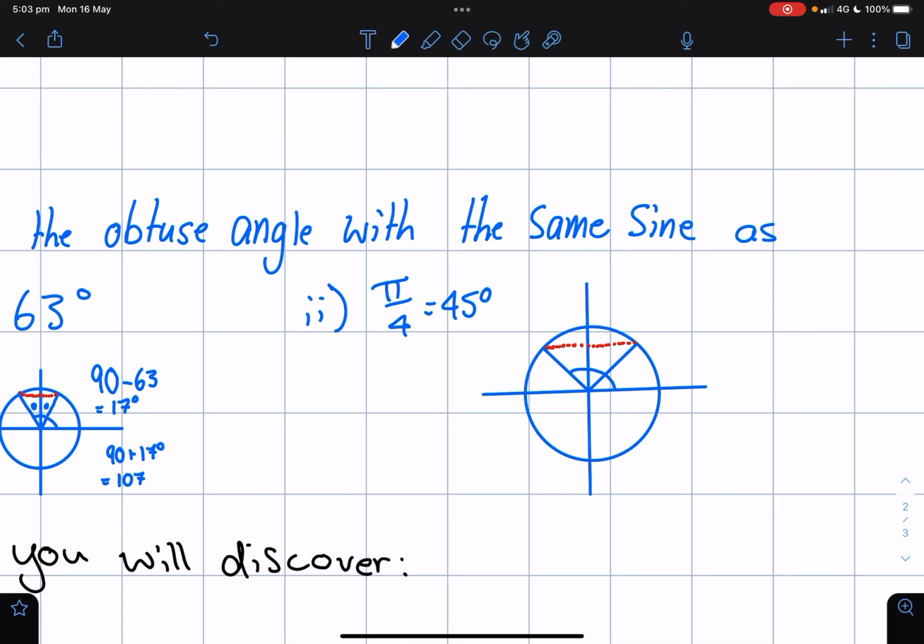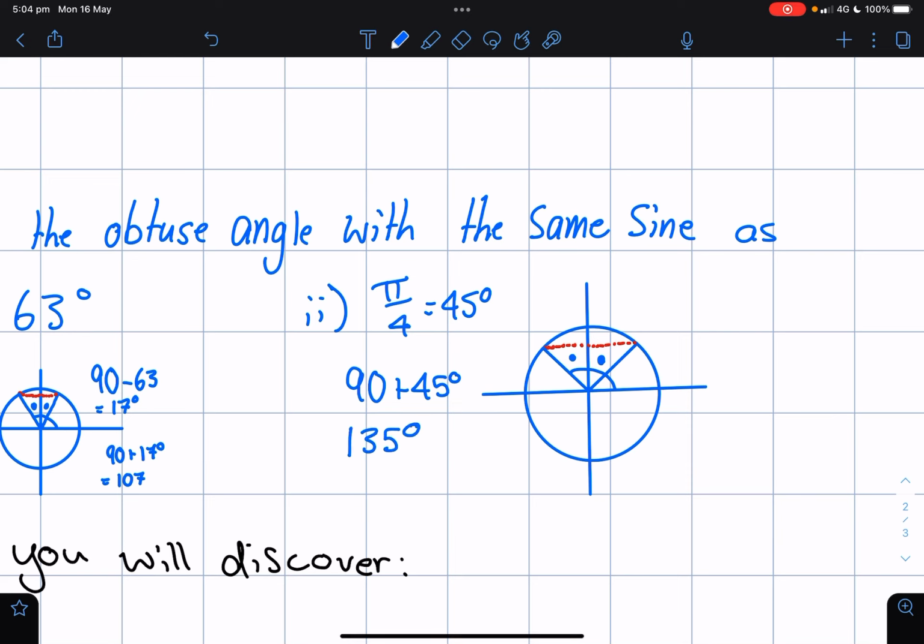So remember, if this angle here is equal to this angle here, all right, due to symmetry, that means the whole angle here is 90 degrees plus this angle. We know that angle is 45 degrees, so 90 plus 45 degrees, 135 degrees.